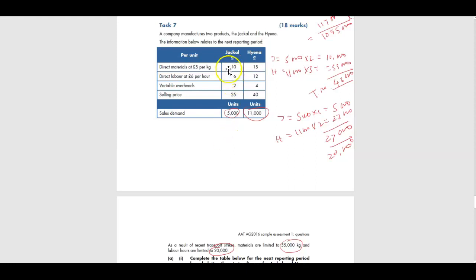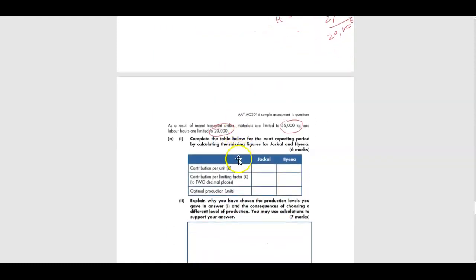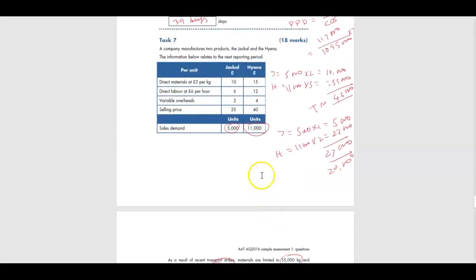So 25 minus 18 gives us the contribution per unit for the Jackal, that is 7. And the same way we calculate for the Hyena: 15 plus 12 plus 4, that is 31, and 40 minus 31 gives you 9.